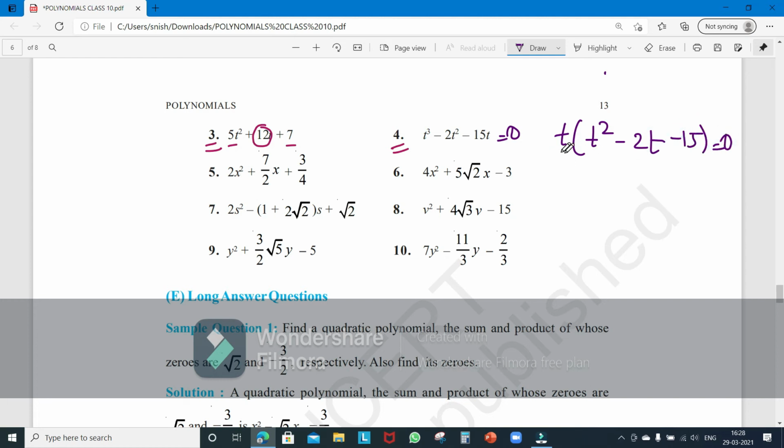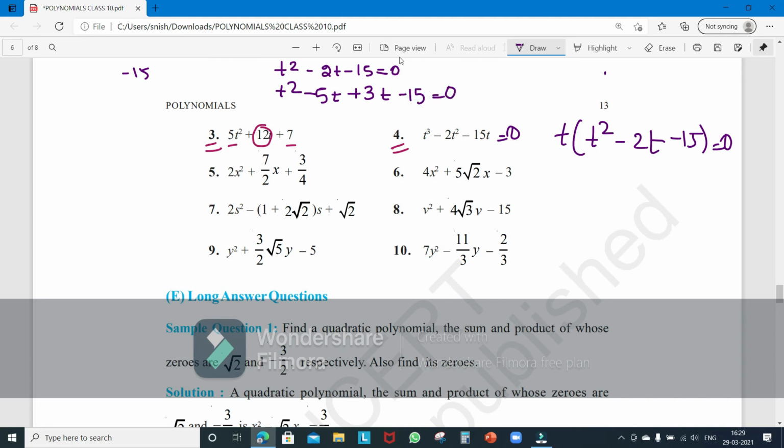Okay. So just keep that t as it is. We'll just solve this quadratic equation. We'll factorize it. t squared minus 2t minus 15 equals 0. Negative 15, so how do you get it? 3 fives are 15, right. t squared minus 5t plus 3t minus 15 equals 0.